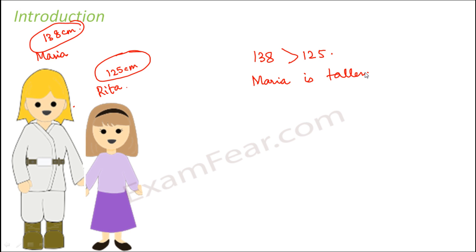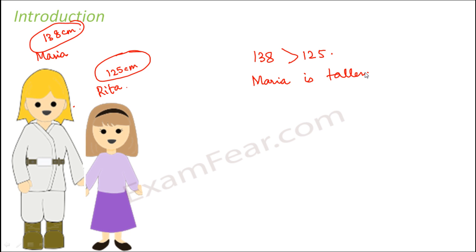Now let's say if I ask you how much is Maria taller than Rita? That means we are now not only looking at a mere comparison, we are also looking at by how much is the difference. So if I ask you how tall is Maria when compared to Rita, how do you do that comparison?